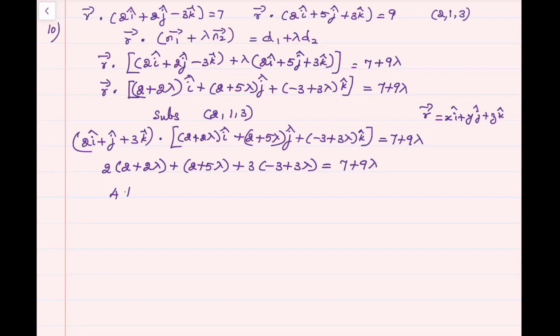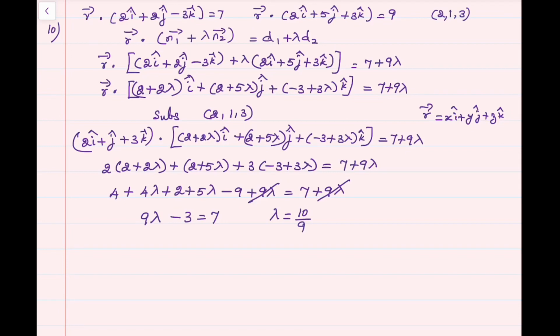Let us open the brackets. 4 plus 4 lambda plus 2 plus 5 lambda minus 9 plus 9 lambda is equal to 7 plus 9 lambda. 9 lambda is getting cancelled. We get 6 minus 9 is minus 3 is equal to 7. Therefore, lambda is equal to 10 divided by 9.